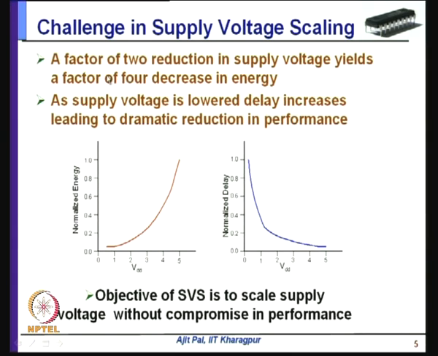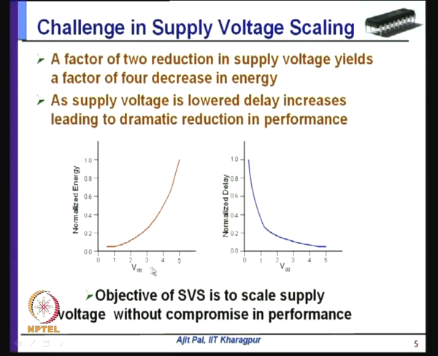Now, there is a big challenge whenever you use supply voltage scaling for reducing power dissipation. Indeed, a factor of 2 reduction in supply voltage yields a factor of 4 decrease in energy. Unfortunately, as the supply voltage is lowered, delay increases.